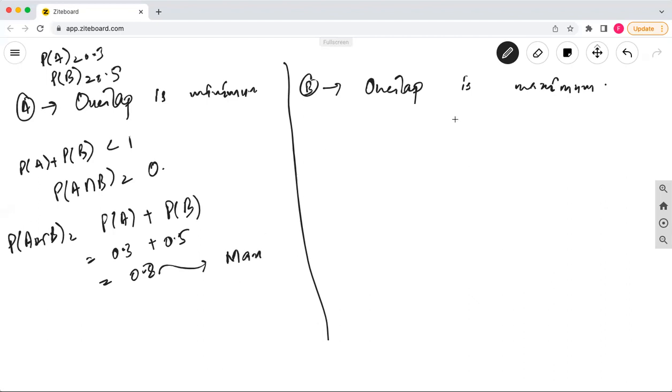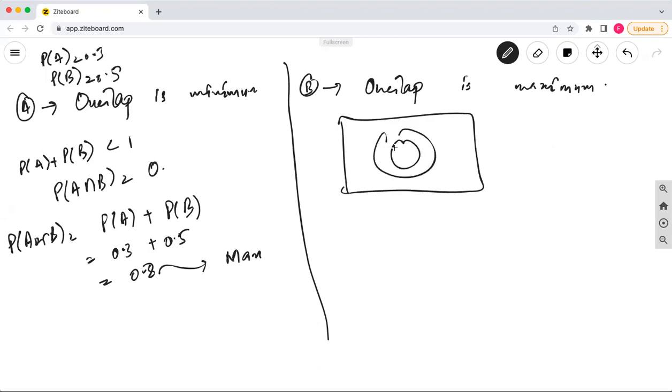And if I see the maximum overlap, the maximum overlap is 0.3 if A is inside of B. This is A, this is B, inside A is 0.3, then 0.2, and outside 0.5. So max overlap is 0.3.